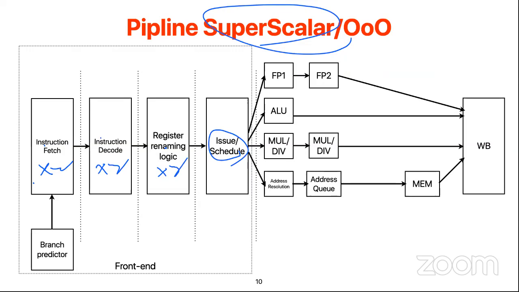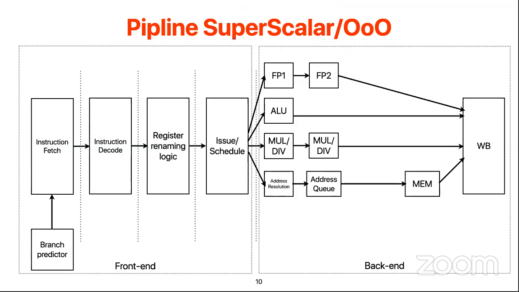For example, if you have a two-way superscalar, it means that the fetch unit, the decode unit, the renaming logic, they all support 2 instructions at a time. And when we say 4-way superscalar, it means that these units are multiplied by 4. With this, each cycle you are going to receive more instructions available for you to schedule, and potentially you are going to have better capability to reorder your instructions.